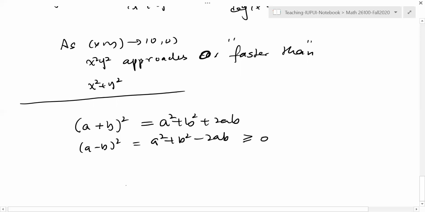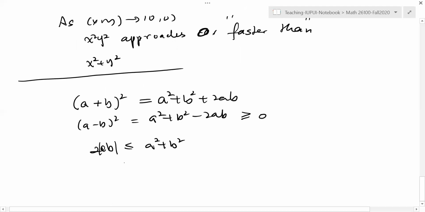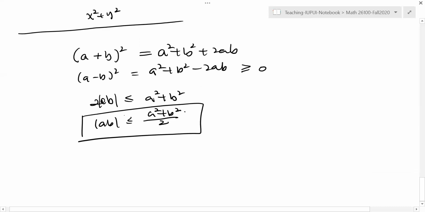I use the second one. So that means 2ab is less than or equal to a squared plus b squared, always true. You can use an absolute value. If ab is not necessarily positive, then you put the absolute value, it's the same. This is an important inequality that we have used over and over again. So ab is less than half of a squared plus b squared. You should know this.